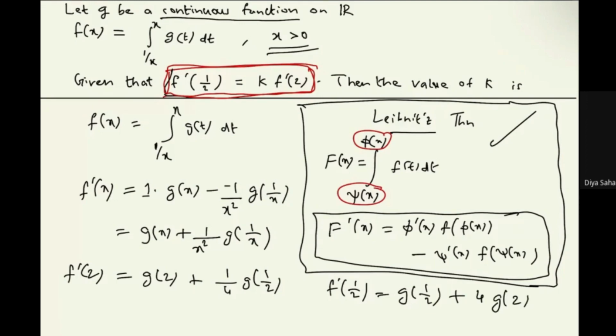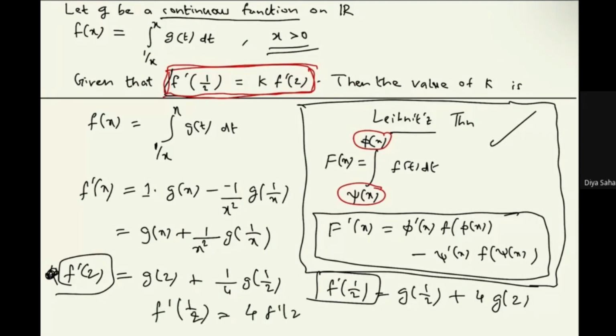Now you can see a natural connection between f dash 2 and f dash half. Can you see that f dash half is nothing but 4 times f dash 2? Just multiply, right?